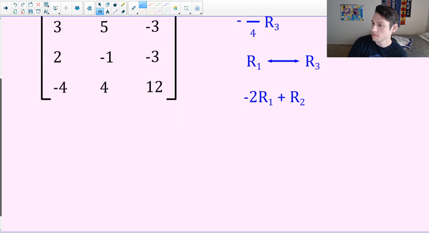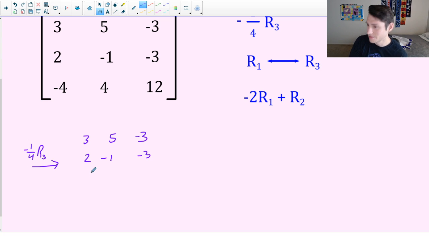So I'm copying that down. Row 1 stays exactly the same. Row 2 stays exactly the same. Now row 3 is what gets multiplied by -1/4, or the easier way to think about it is probably to divide by -4.